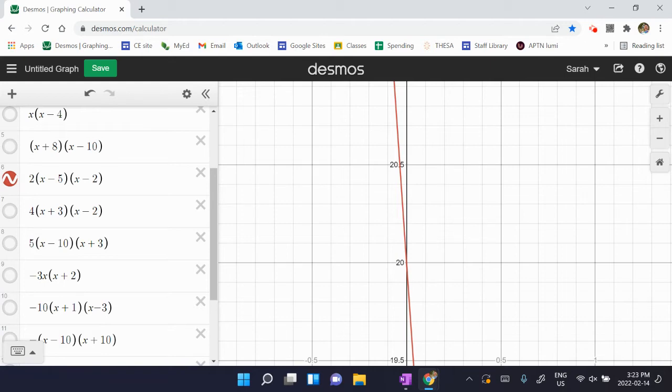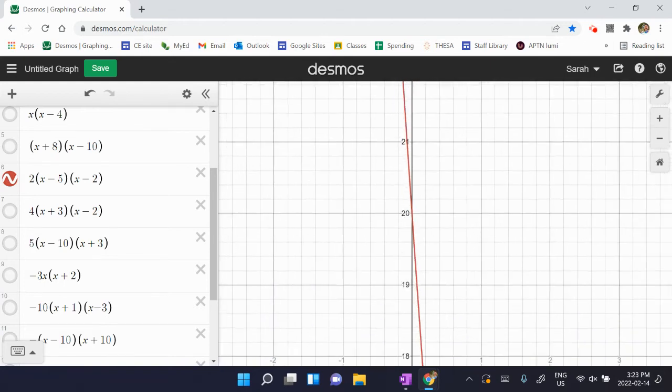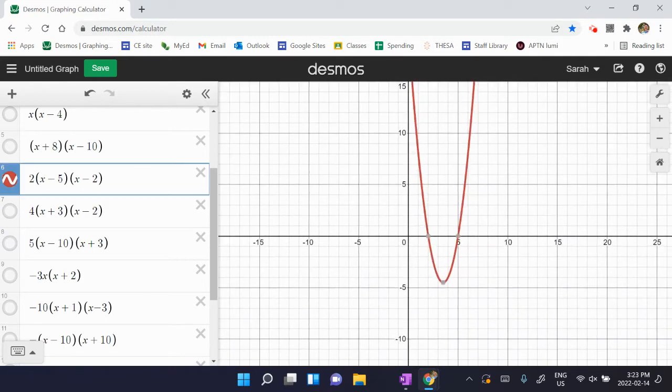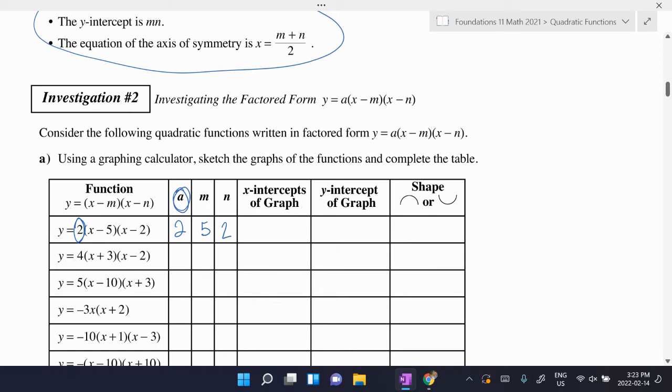It is 20. And the graph opens up. Okay, so let's put that into our observations. x-intercepts are 5 and 2. y-intercept is 20. And the graph opens up.